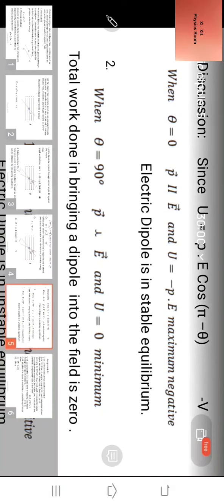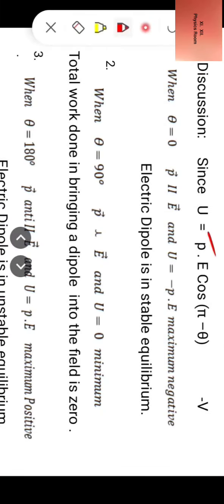Now we come to the discussion part of it. Consider equation 5, U equal to |p||E| cos(π − θ). When θ is 0, p is parallel to E and U will be equal to −pE, maximum negative, because cos π is −1. So U will be equal to −pE, maximum negative.